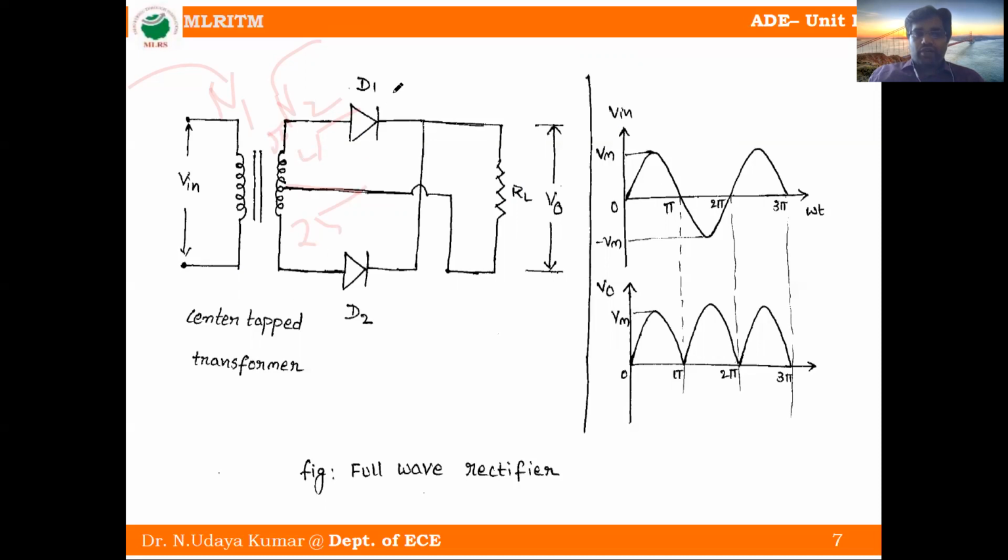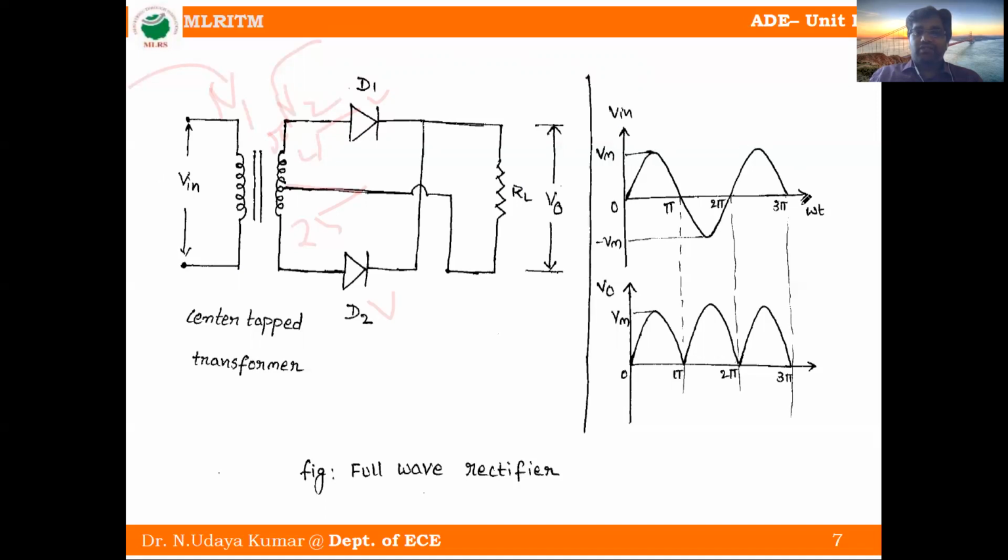Here we have diode D1 and diode D2, whereas in half wave rectifier we use only one diode. Now, what is the input we are given? Alternating current, this one.